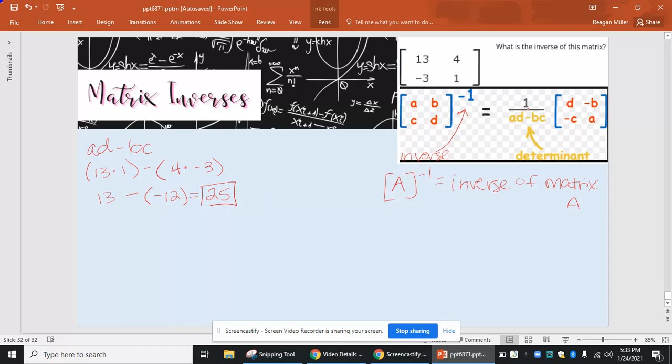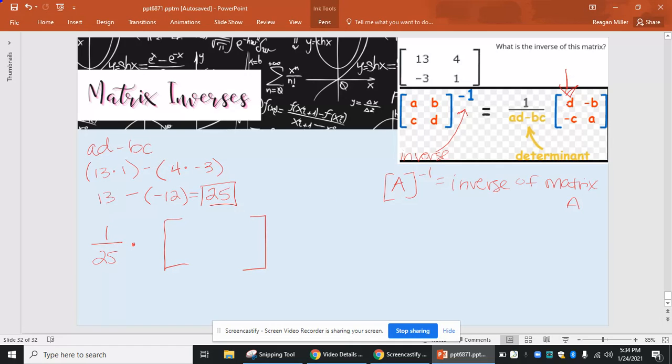In order to find the inverse of the matrix, I'm going to be multiplying this changed matrix that we're about to talk about by 1 over the determinant. So 1 over 25 times this new matrix I'm going to write.